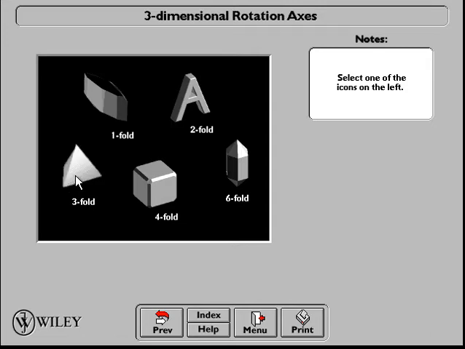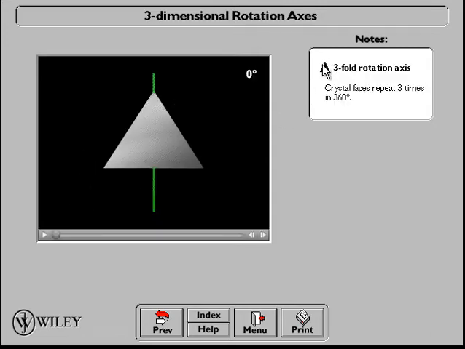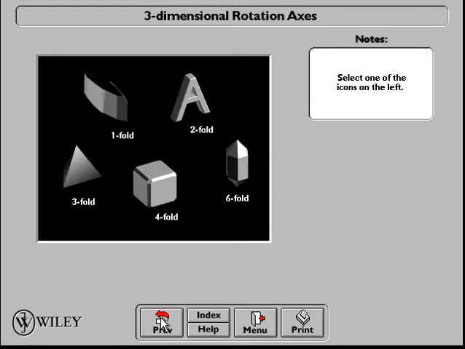Now we are checking the 3-fold rotation axis, with the triangle as the symbol. The crystal faces repeat 3 times in 360 degrees: first time, second time, third time. And then we have a 3-fold rotation axis. We are going now to the next example, a 4-fold rotation axis.